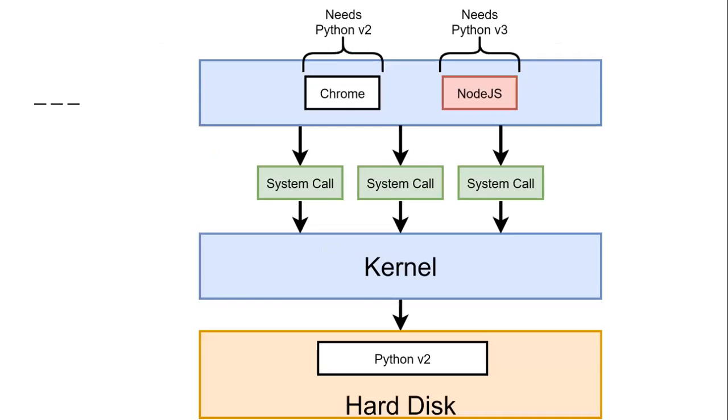But suppose there is a scenario where you have two different softwares that have separate, different dependencies. Suppose Chrome needs Python version 2 and Node.js requires Python version 3. But how would you manage that? Because if you install Python, it will have one version of Python.